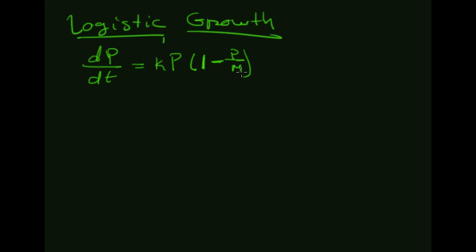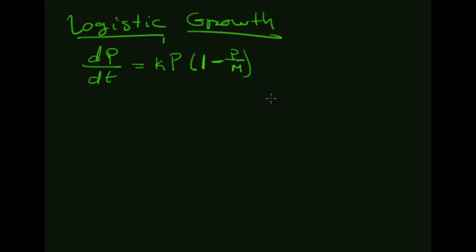I want that ratio to approach 1, because when the current population and the carrying capacity are equal, that thing is going to be equal to 1. So this actually sets up the correct formulation.